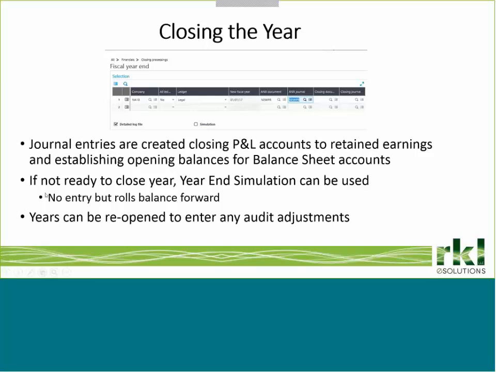If you do that, no entry results, but you're rolling the balances forward so that you can run your trial balance and have numbers that make sense, at least in the balance sheet. If you close too early and you need to reopen, you can always reopen a fiscal year.